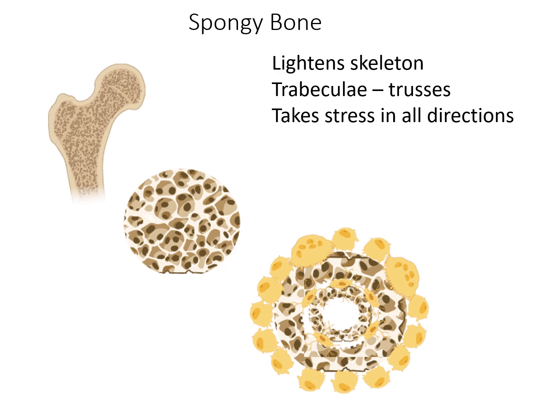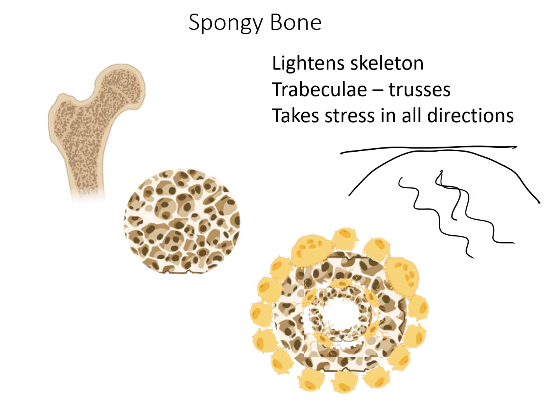Much like the supports of a bridge spanning a river. So here's a bridge, and here are the supports, and here's my flowing river right here. So much like the supports or trusses that support a bridge spanning a river, spongy bone also has structures that are called trabeculae, which are very similar to the structural trusses that support bridges.